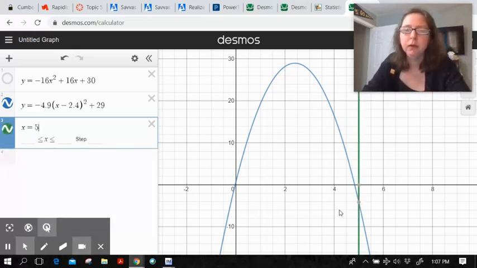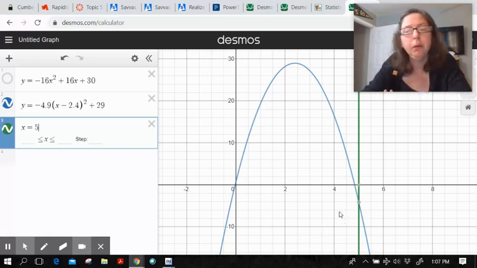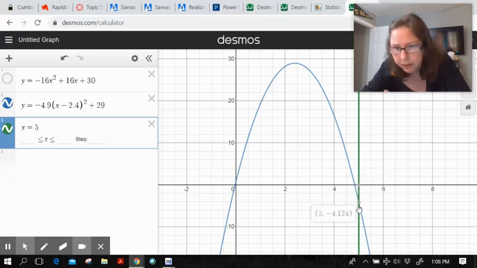All right, so I want you to think about, in this model, where is the ground? The ground is this x line, this x equals 0, okay? So the ball was at negative 4.124. This was a little more specific than us on paper.